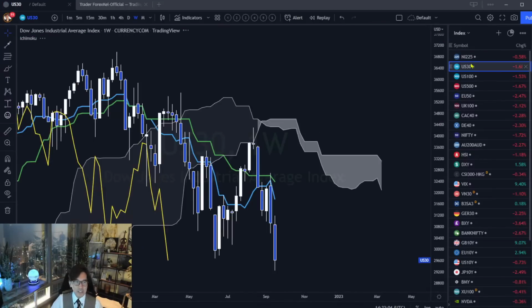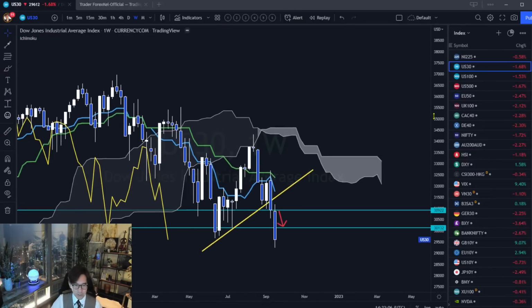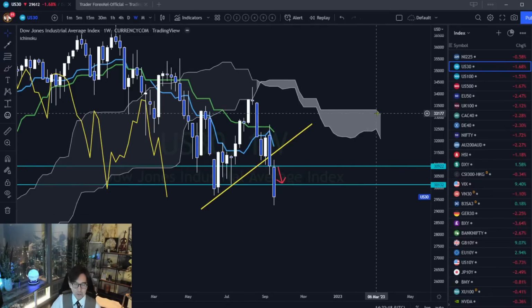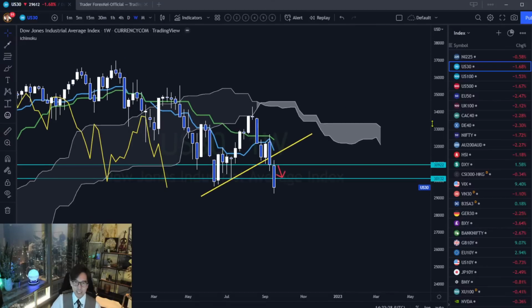So now let me check the Dow Jones. Basically all the indices are bearish. Dow Jones is also bearish because the IT sector was really bearish last week. So Dow Jones: Kumo down, Kijun Sen down, Tenkan Sen down because of this breakout, and Chikou span below candles. It already broke the trend line. So this is a downtrend.